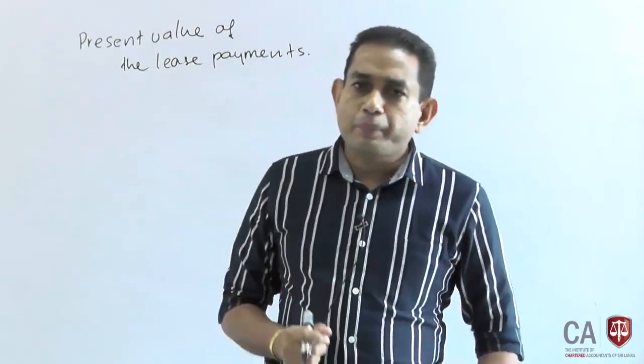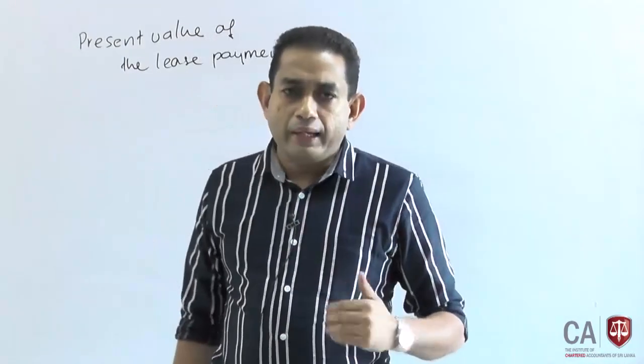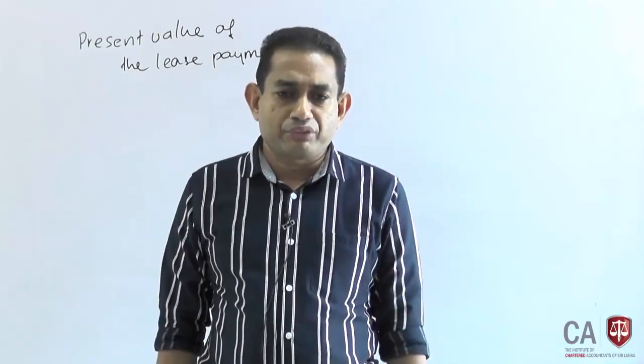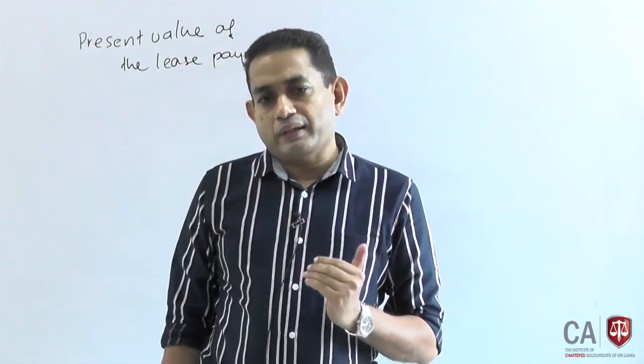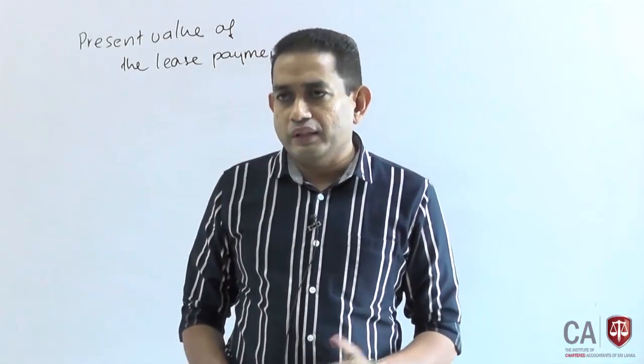And to calculate the present value, as all of you know, we should have the discounting rate, the interest rate. So, how do we determine the interest rate? Just let me tell you right away, and then we can get on with the balance part.